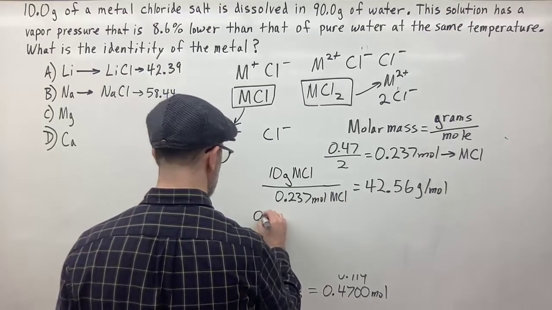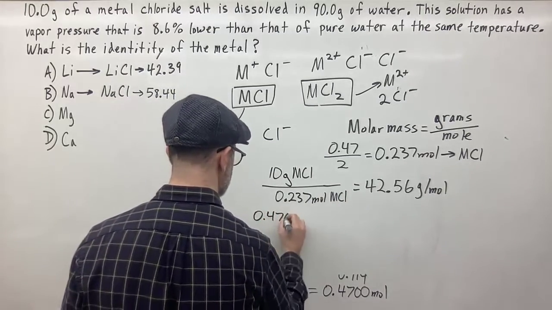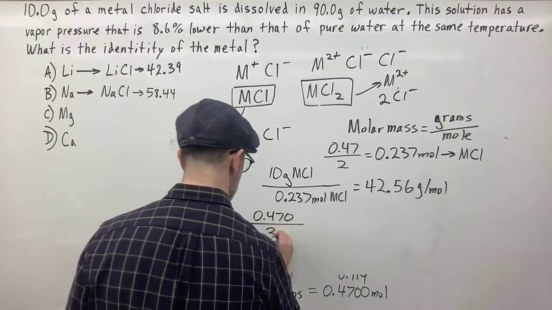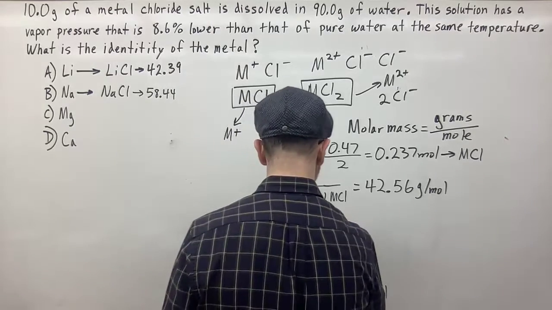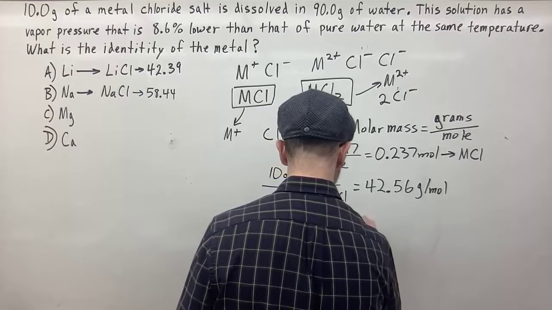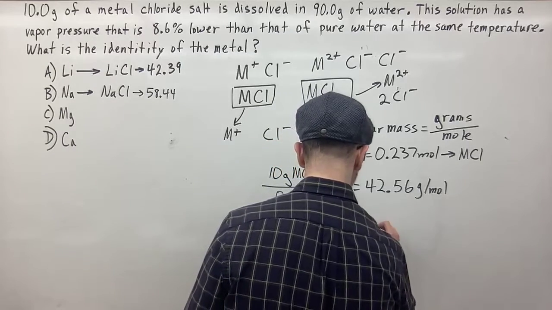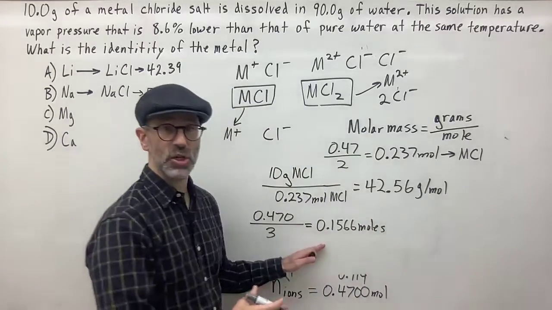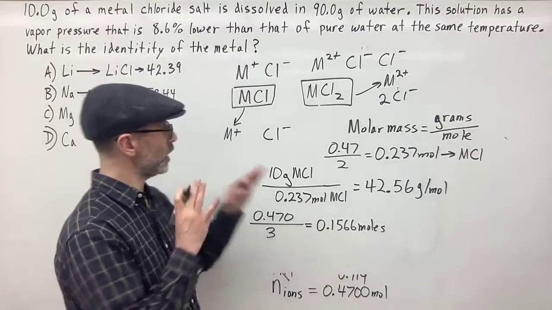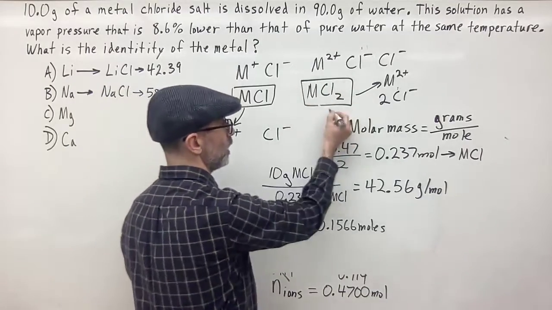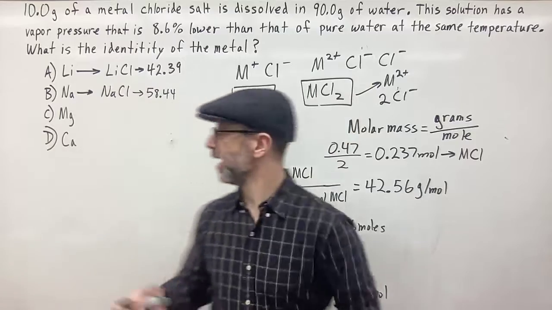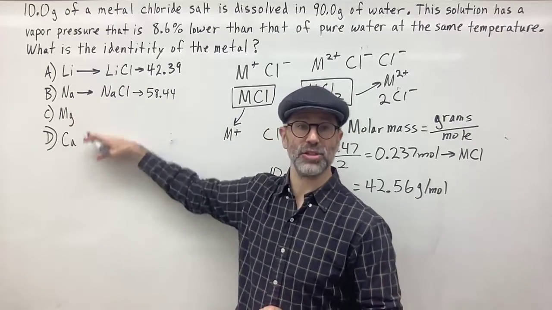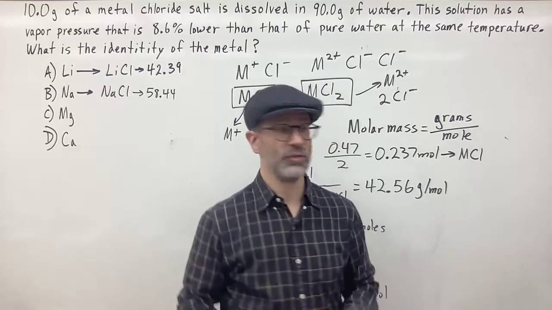So 0.470 divided by 3, that's going to be 0.1566 moles of the original metal chloride, assuming that this is the formula, right? Assuming that we're going to have a metal that has a positive charge of 2.